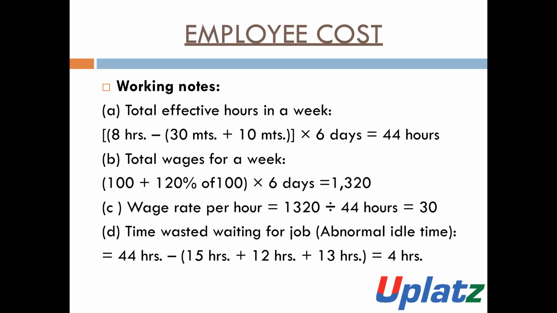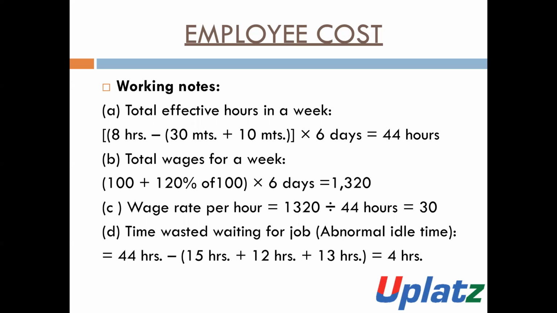Total effective hours in a week is 44 hours. Total wages for a week: basic is 100 rupees and the DA is 120% of basic, so it is 100 plus 120% of 100 for 6 days.